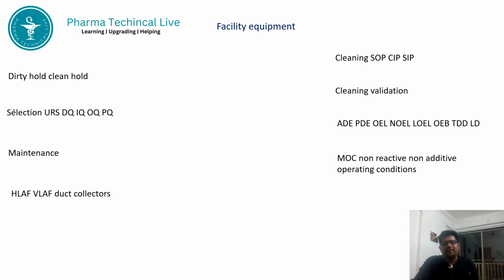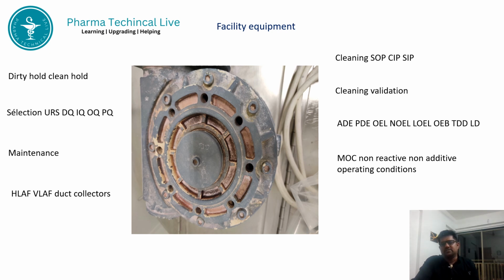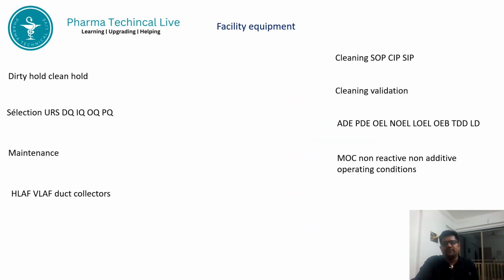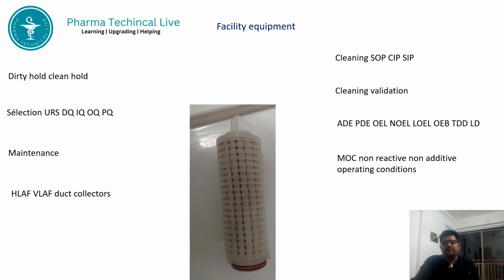And lastly, our practices should be very robust and effective, which will not generate any sort of product chemical or microbial contamination, like filters, where we don't know what kind of contamination it will carry, at what level and quantum, chemical or microbial, to the product, and what it will lead to.